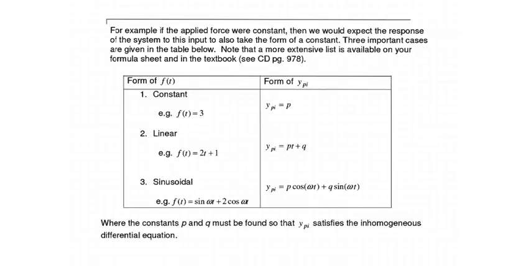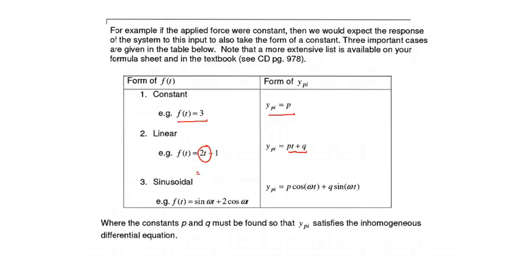You get tables here, cheat sheets that you can use. If the expression on the right hand side is a simple constant, then the value that you want to guess is, we're using the expression constant here, so p. If there's some kind of a polynomial, what you want to do is look for the highest term of your polynomial, and then you have an expression which has that highest term and then all intermediate terms.